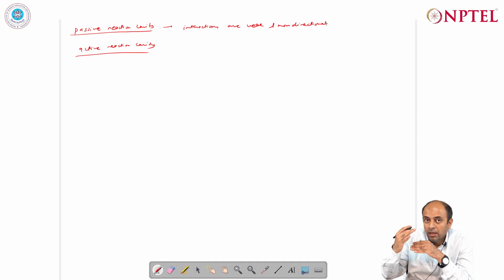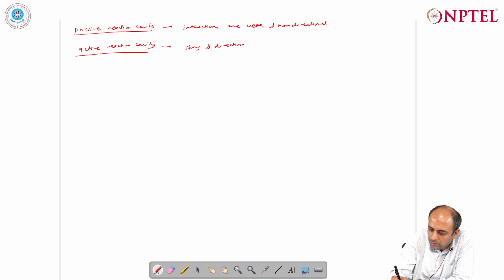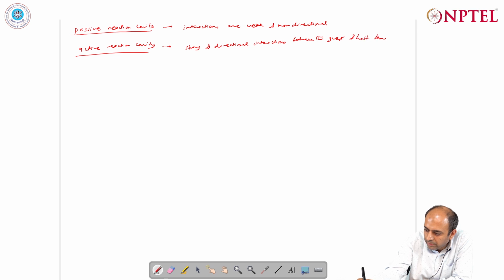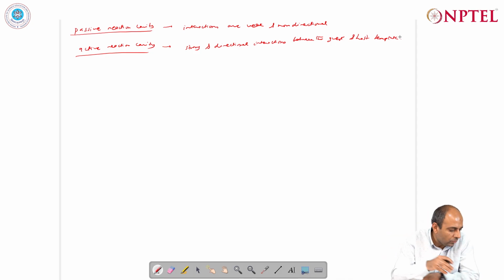There are not much important non-covalent interactions between the guest and the reaction host, whereas in the case of active reaction cavity there exist strong and directional interactions between the guest and host template, and this can actually influence the reaction outcome in profound ways.